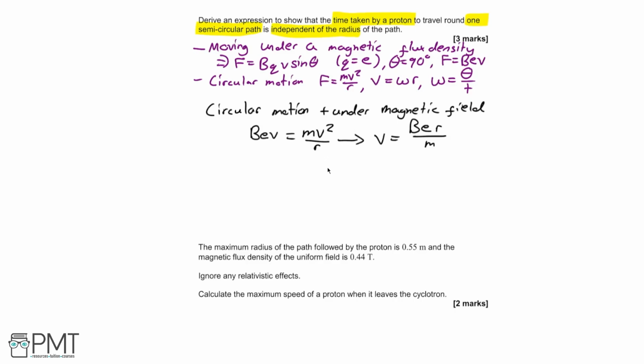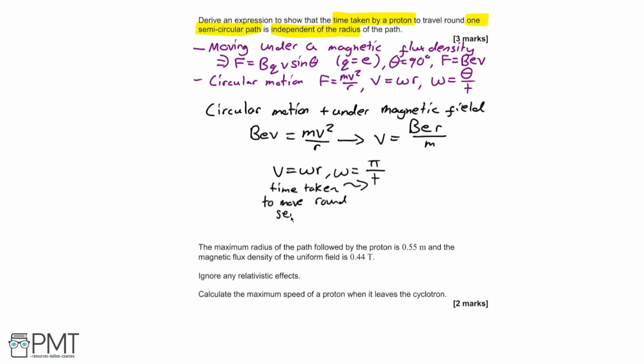So to do that, we use the fact that v is equal to omega r, because this is just the angular speed multiplied by the radius, and our angular speed, omega, is given by pi divided by T. So this is the time taken to go around a semicircular path. So this is just saying that it took me a certain amount of time to move through an angle of pi, since an angle of pi constitutes travelling halfway around the circle, as 2 pi radians makes up a full circle. Note that for all of the circular motion equations, we have to use angles in radians, not in degrees.